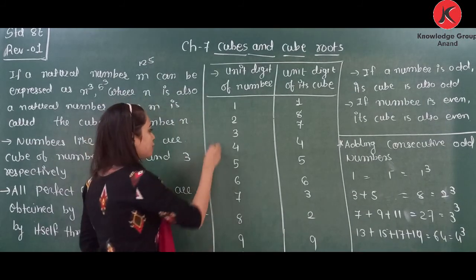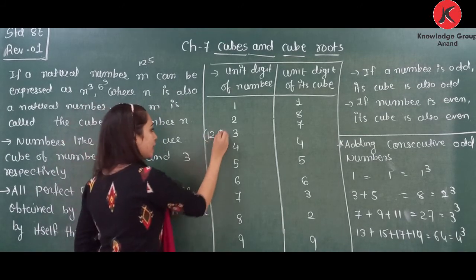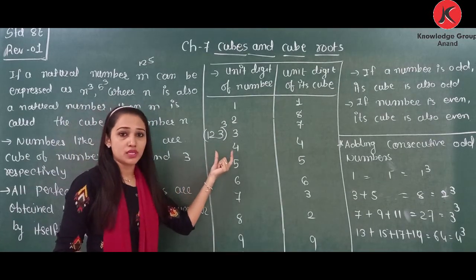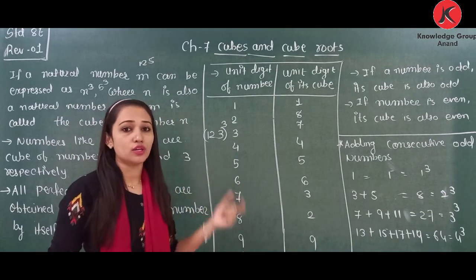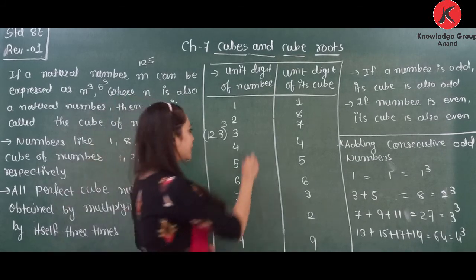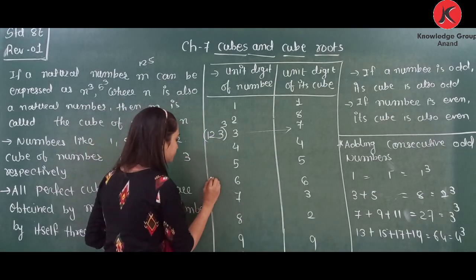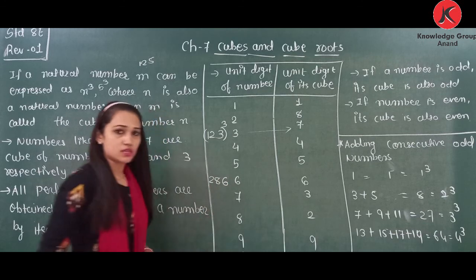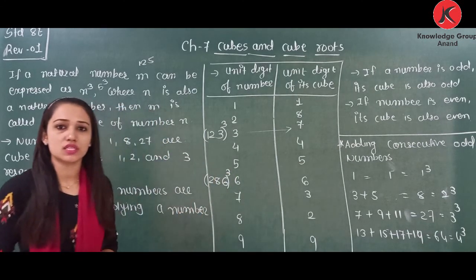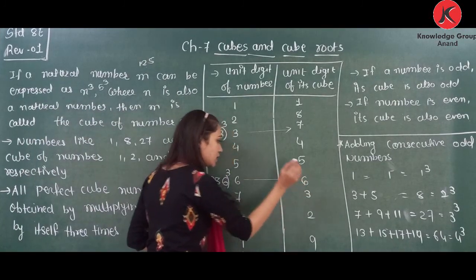For example, if we have the number 123 and we want to find the last digit of its cube, multiply 123, 123, 123, and the last digit will be 7. Same if we have a number like 286, then the last digit of 286 multiply 286 multiply 286 will be 6.